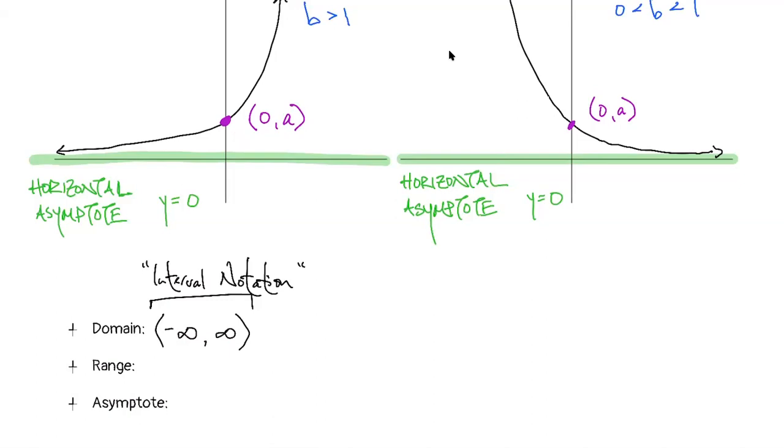Now, some of you in high school or in your previous classes might have also heard that this is the same thing as all real numbers, okay? So all real numbers is the same as from negative infinity to positive infinity.